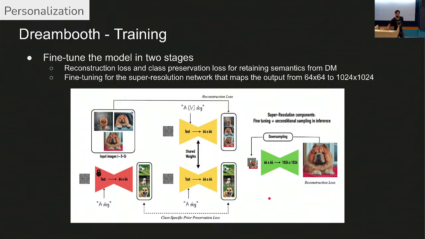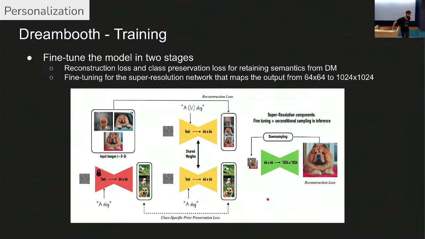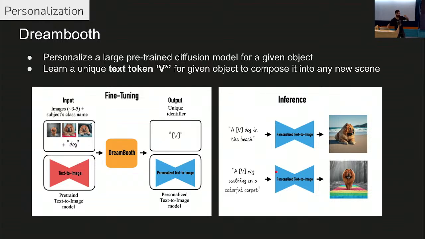But while you are doing the inference step, you will not say just dog, you will say a V dog. At inference time you will say a V dog. That's what we have seen here, right? A V dog on the beach, a V dog walking, because you want to generate that particular dog.